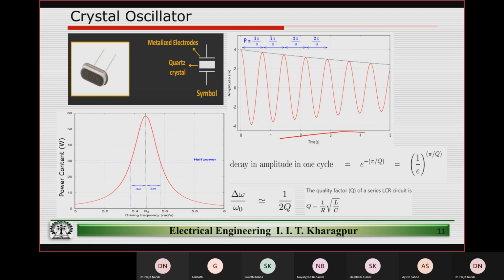Because as we discussed just now, the resistor is responsible for energy dissipation in the circuit, and if the resistor is 0, then there will be no energy dissipation, and the oscillator circuit will keep oscillating, and the energy will manifest itself as potential energy or kinetic energy, or a mix of both, and it is going to keep oscillating. But because of the resistor, the energy will die down and the oscillator will stop oscillating.